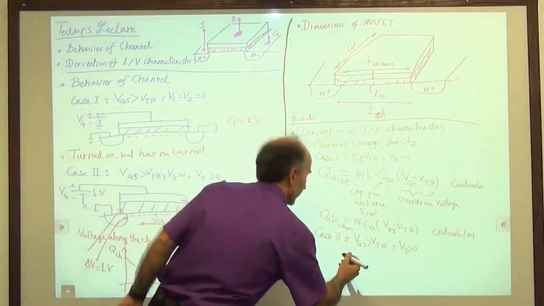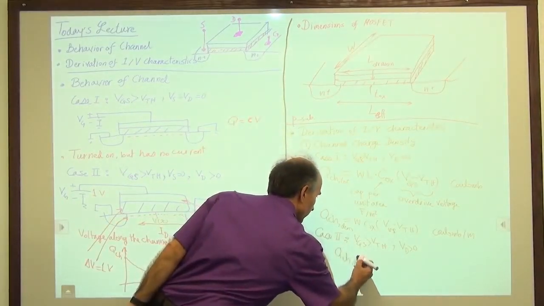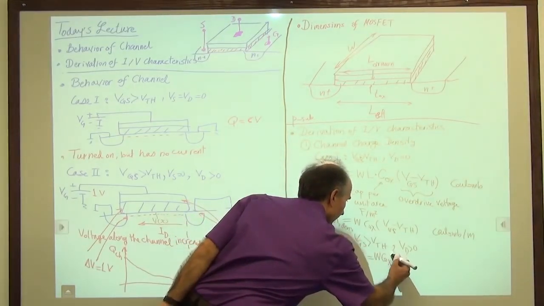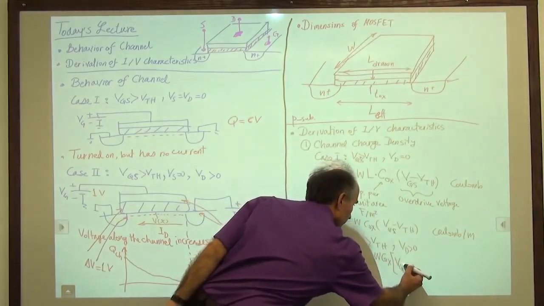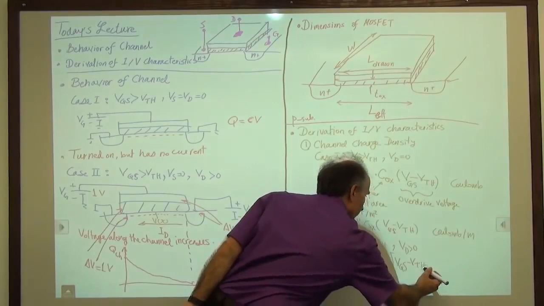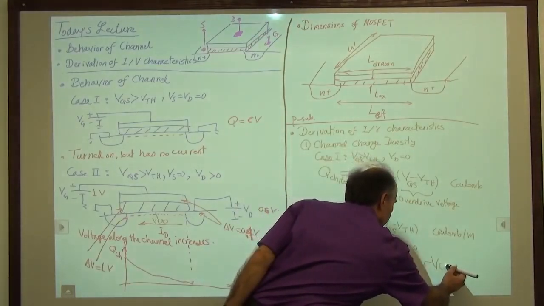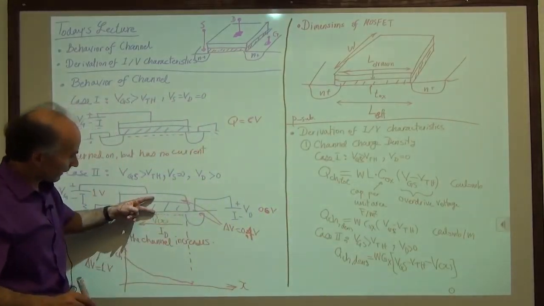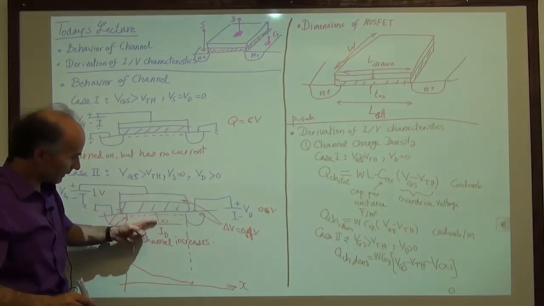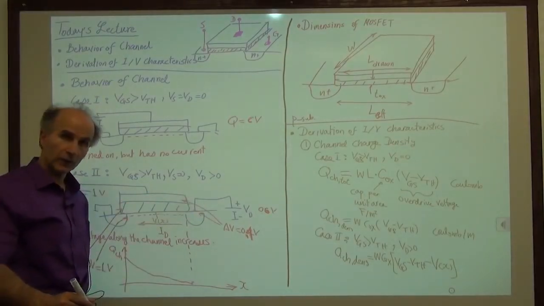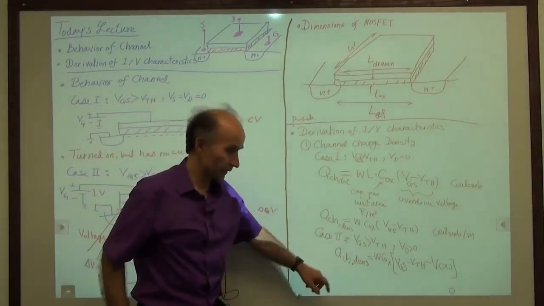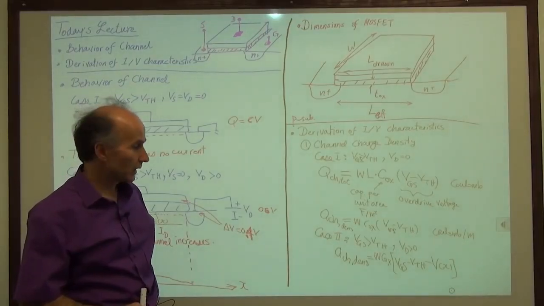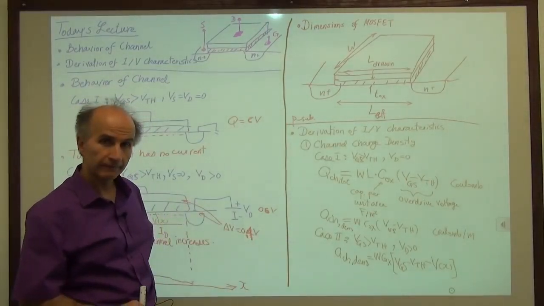So Q channel, the density, is equal to W Cox times (VGS minus VTH like before, but then we have to subtract the local voltage at that point, V of x). Because the net voltage appearing across this capacitor is the gate voltage minus V of x, and of course we have to subtract the threshold to account for only electrons in the channel. All right, so this is the density of charge inside the channel.